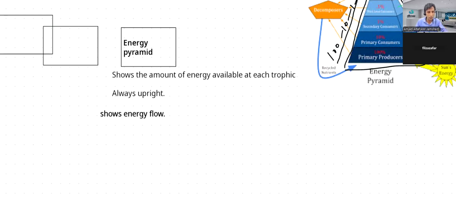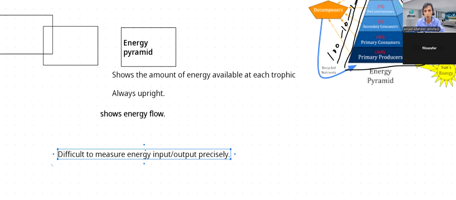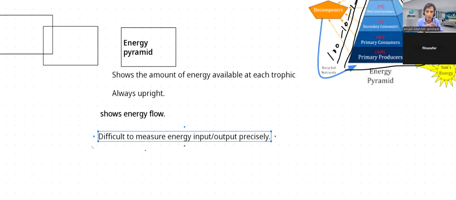It means the measurement of input and output of energy is quite difficult for us. So this is the limitation of the energy pyramid, right? It's difficult to measure energy input and output precisely.